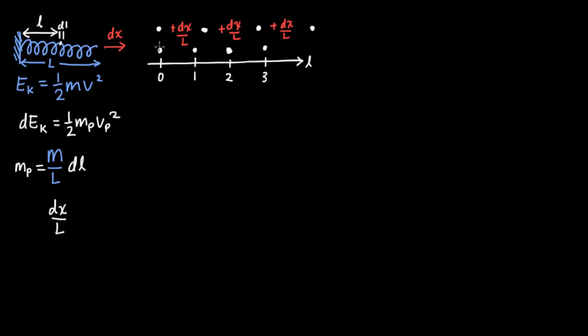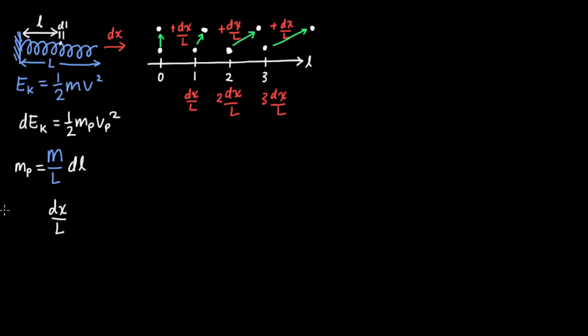You can see that the further a point is away from the fixed end, the further it moves. Point 1 moved a distance dx over L. Point 2 moved a distance 2 times dx over L. And point 3 moved a distance 3 times dx over L.